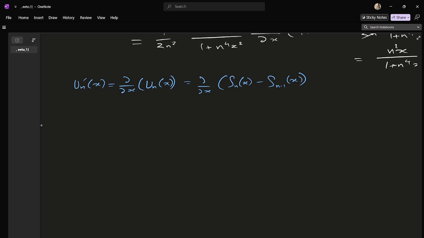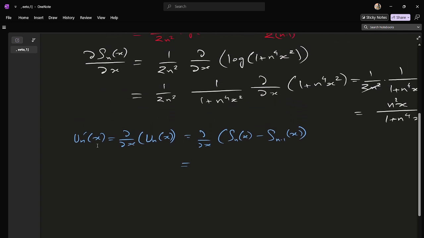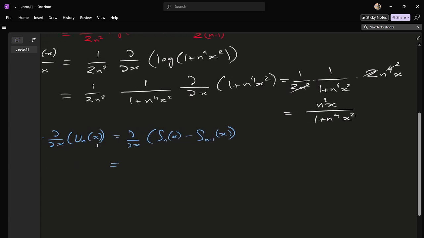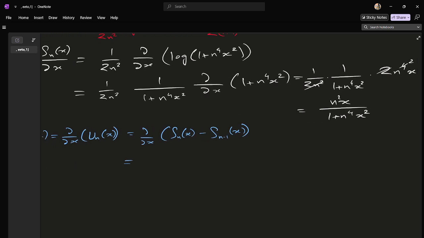We are using the result from step 2, which has this result, so we are going to use it.